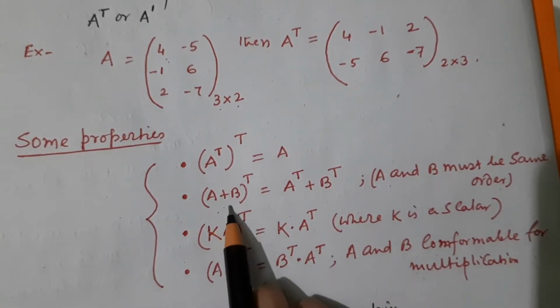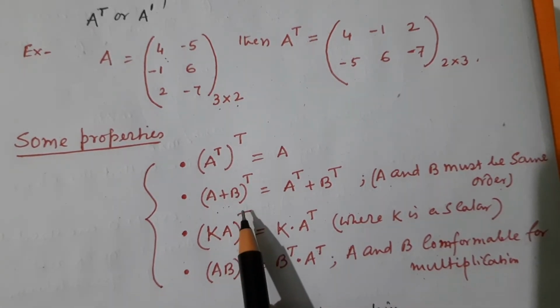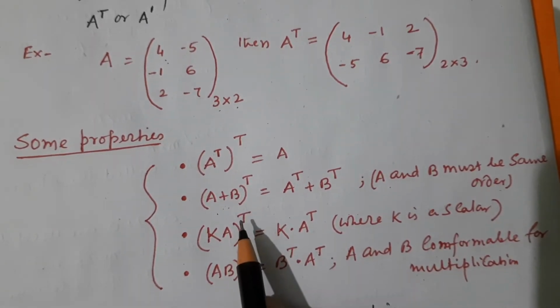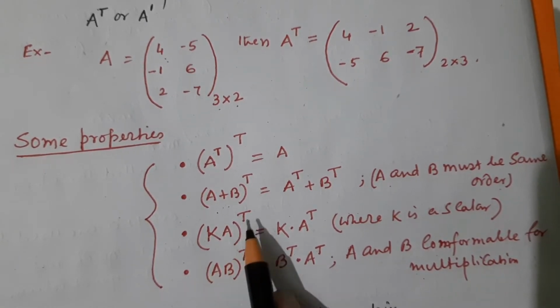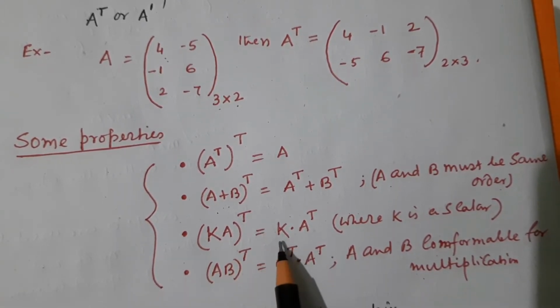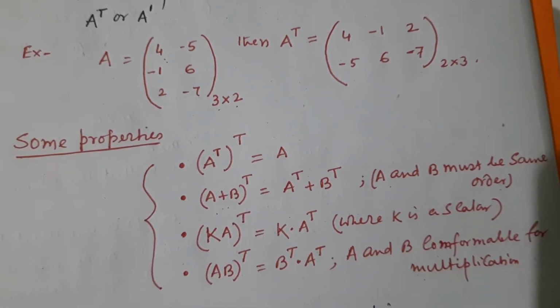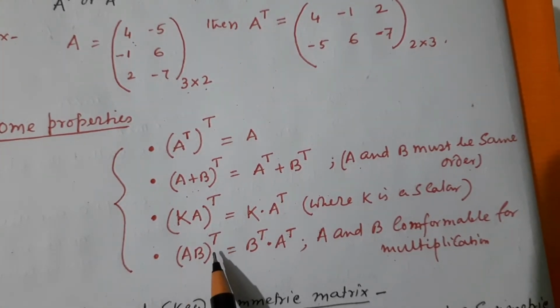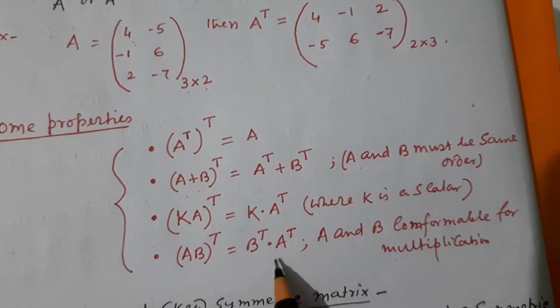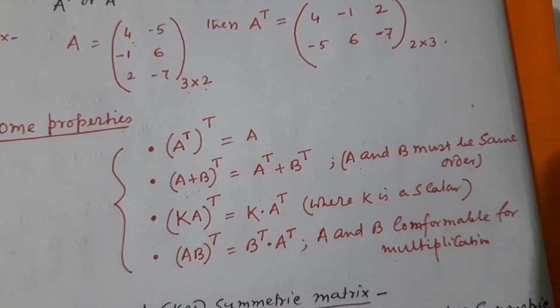Here A and B must be of the same order, conformable for addition. Third, KA whole transpose equals K into A transpose, where K is a scalar quantity. Fourth property is AB whole transpose equals B transpose into A transpose, where A and B are conformable for multiplication.